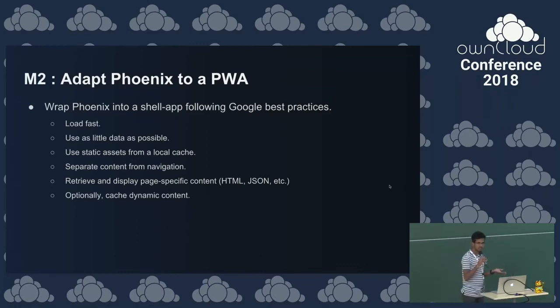The second milestone is the most important part of the project, that is, adapting Phoenix to a progressive web application. The first part was wrapping Phoenix into a shell app according to Google's best practices. Google has stated a few guidelines, more like ideal rules that developers should follow when implementing a shell app: loading fast, using little data, and caching a lot of stuff.